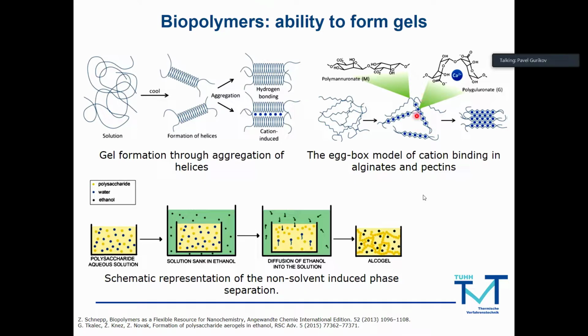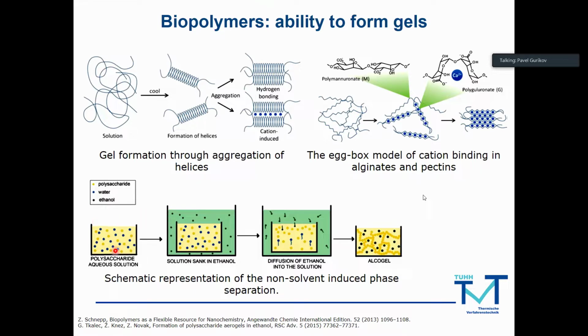So these two polymer chains are shown here, and the cation acts as a junction, so to say, creates a junction zone between these two polymer chains. You can also create gels by changing polarity of the solvent. So if you have a polysugar, it's a very common process as well.